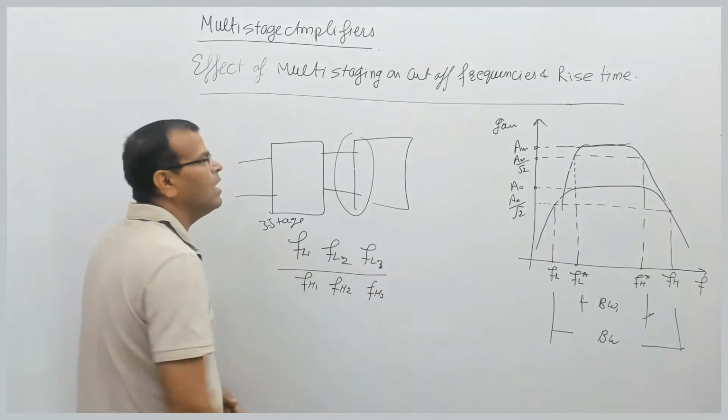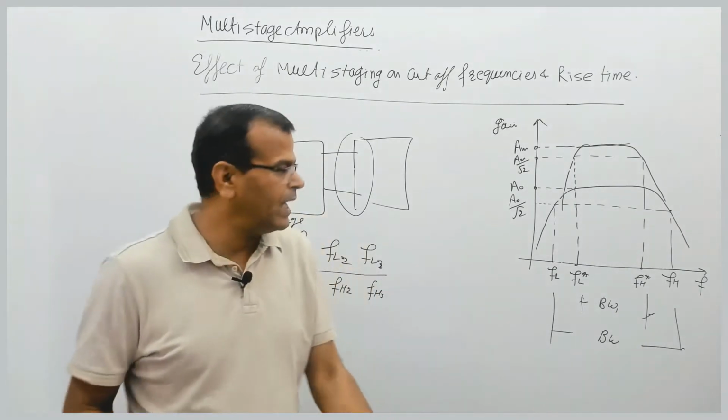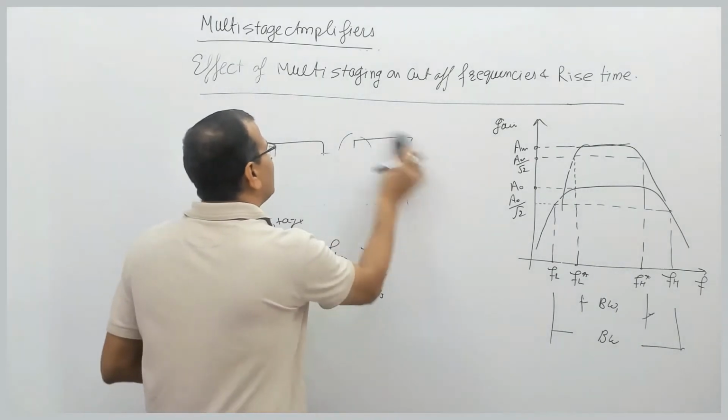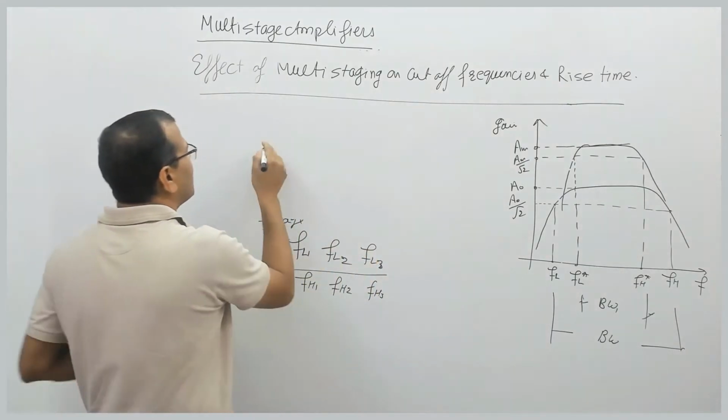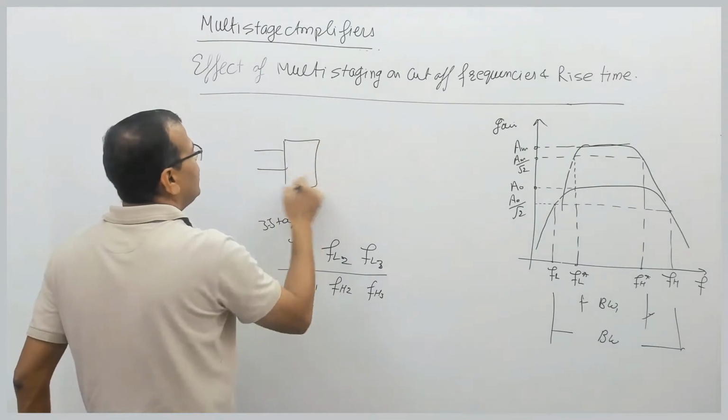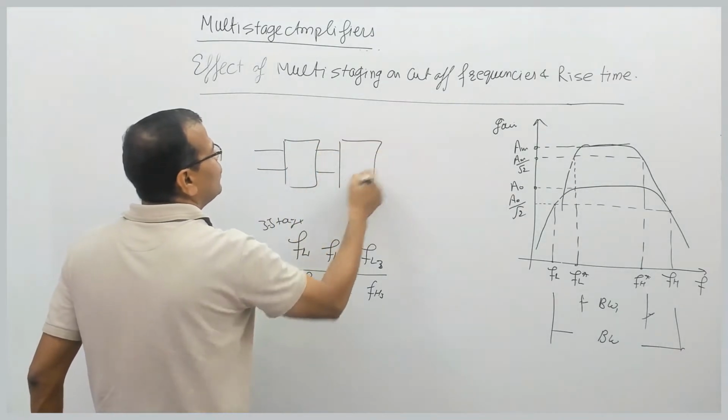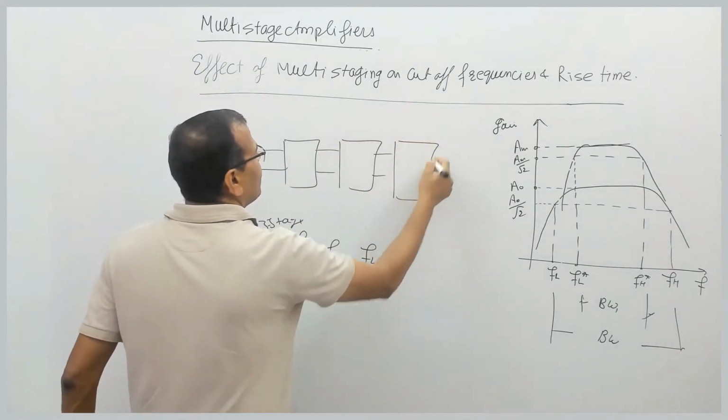I'm repeating, suppose I have a 3-stage amplifier in which all stages are different: stage 1, stage 2, we have 3 stages.